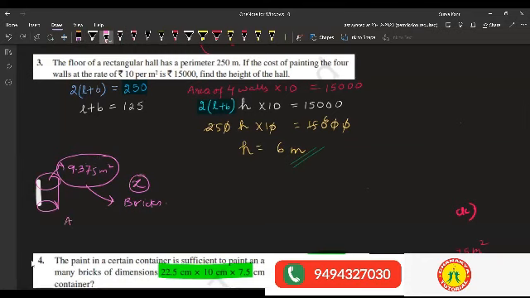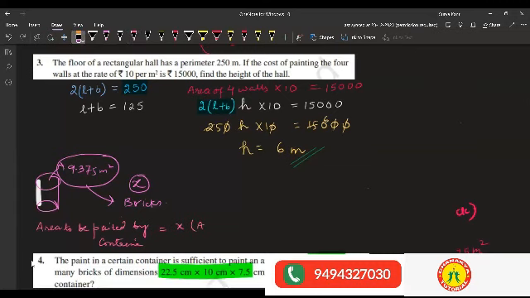So what you should do: the area to be painted by a container, I'll write once again here, area to be painted by container is equal to X into what? X into the area of each brick, right?